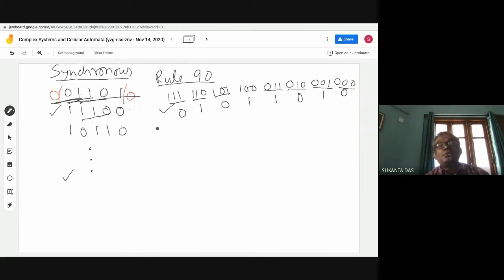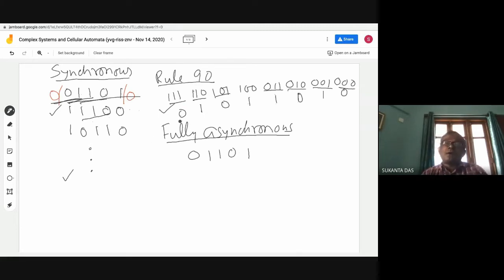Now what will we have for the fully asynchronous CA? Fully asynchronous. Let's see. Here my initial configuration was 1 1 1 0 1, right?